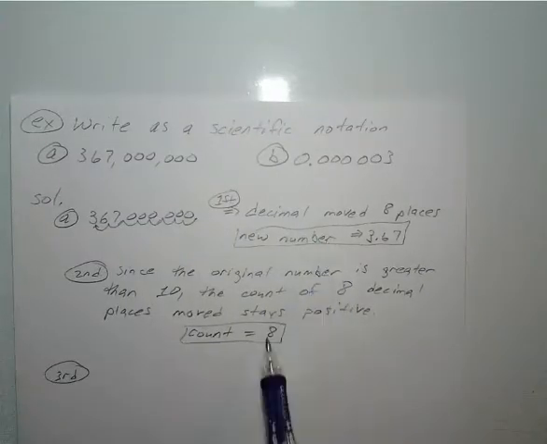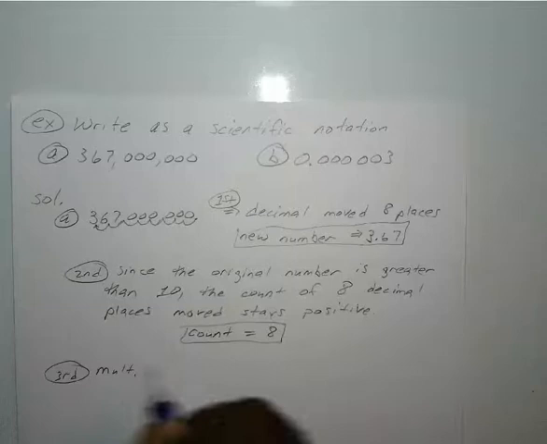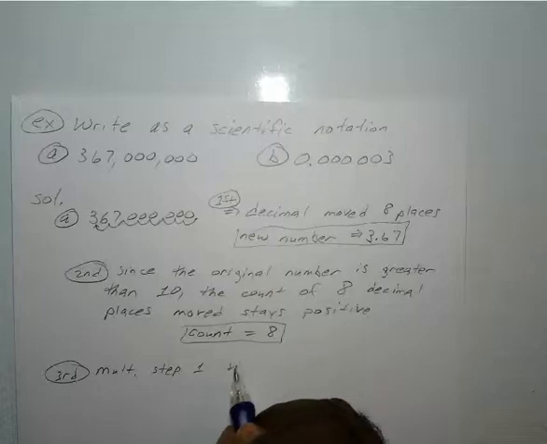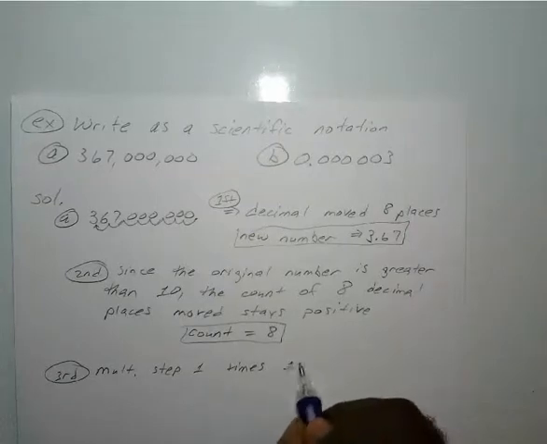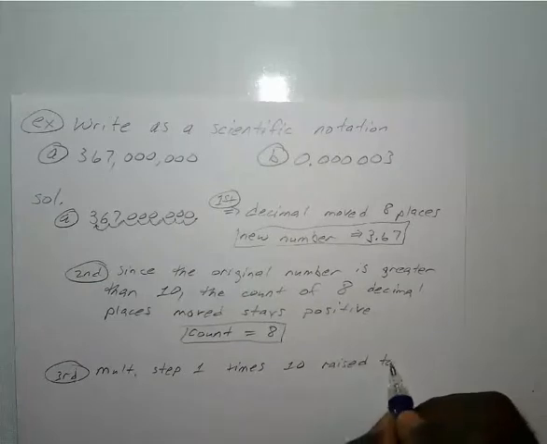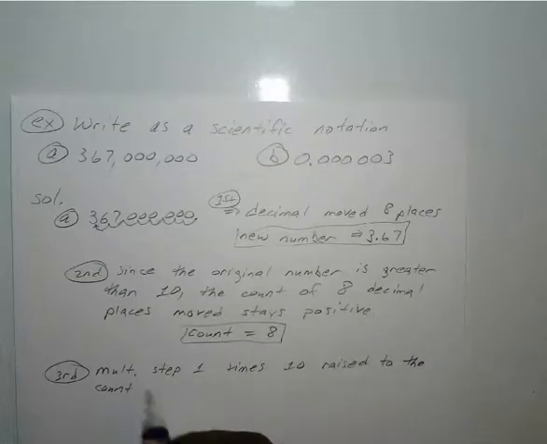Where we basically combine those two. You multiply step 1 times 10 raised to the count value.